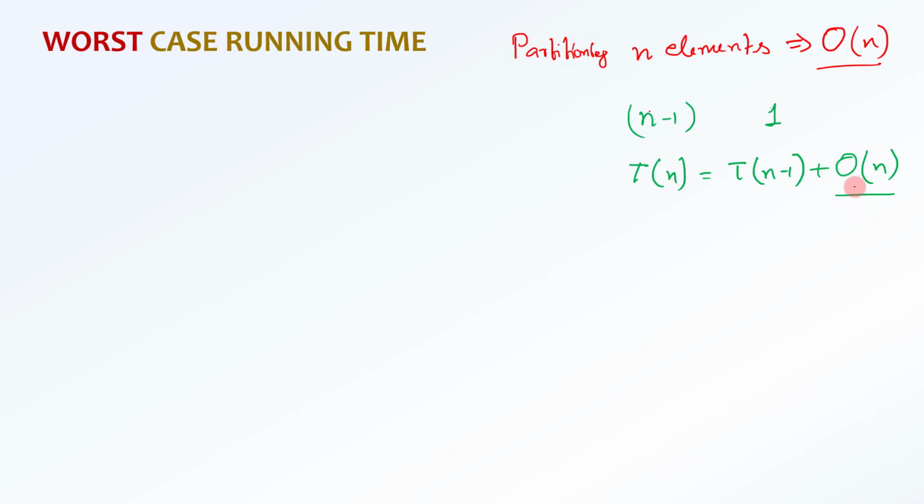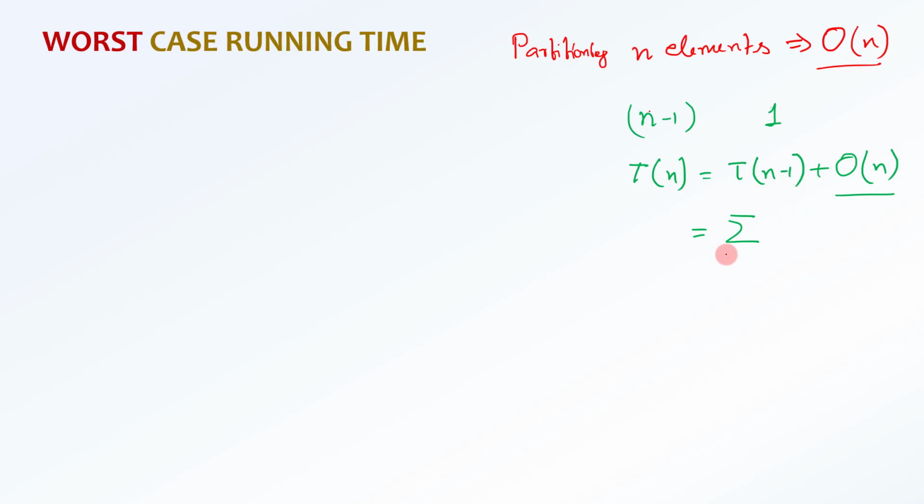This order of n is required to partition the n elements into n minus 1 elements and 1 element, and since a single element does not require any partitioning, we remove the term T of 1.